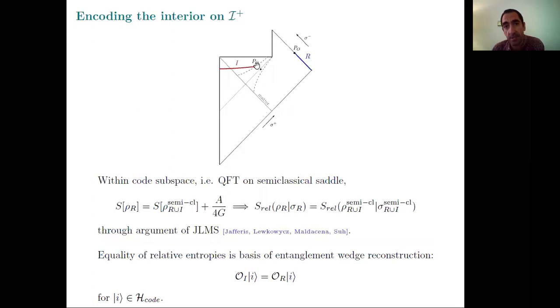What this seems to tell you is that this island region is encoded in some non-trivial way in the radiation region. Okay, what that means is if you have some operator you want to do something inside this black hole, there's some operator you could construct in the radiation region which does the same thing, as long as you restrict to an appropriate code subspace. So this is an interesting thing to try and pursue and understand, and there are still papers appearing about entanglement wedge reconstruction.